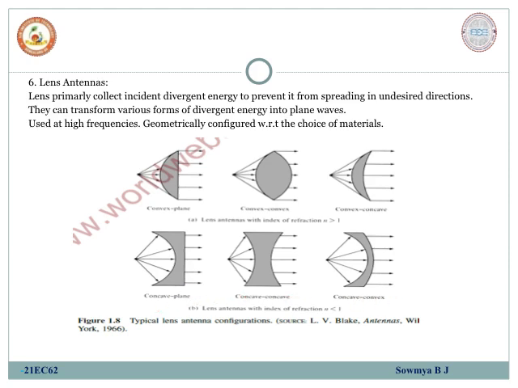And these lenses basically collect the incident divergent energy in order to prevent it from spreading in undesired directions. We don't want the signal to spread in undesired directions. In such a case, lens antennas collect this incident divergent energy together at one point, and they can transform various forms of divergent energy into plane waves.